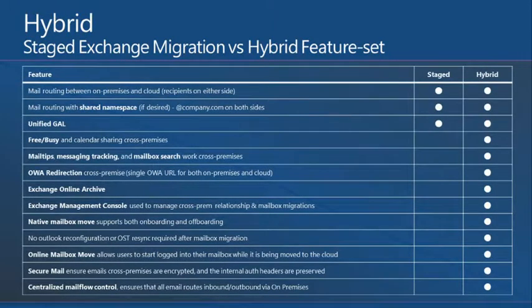There's Mailbox Move, so the online Mailbox Move feature I referred to earlier that uses the Mailbox Replication Service. And then finally, hybrid mail flow. So that's the secure mail feature. So encrypting, authenticating, and passing the internal message headers for mail flow between on-premises and Exchange Online. And then the final feature, which I'll cover in a bit more detail later, which is centralized mail flow control.